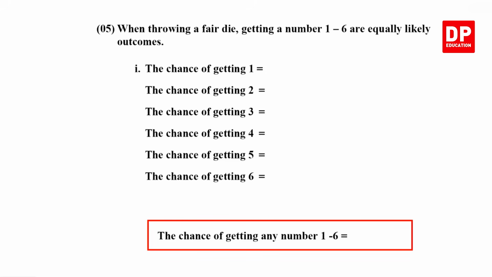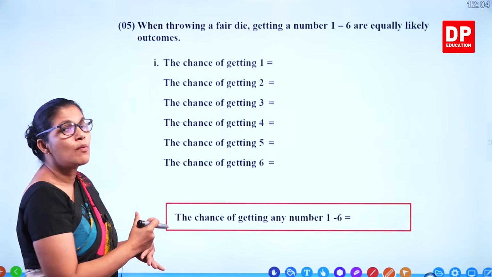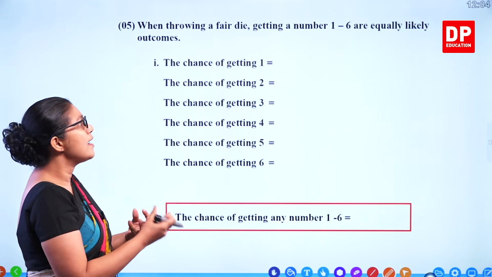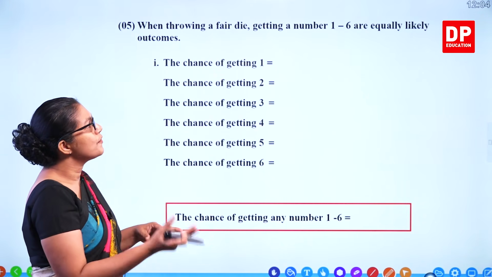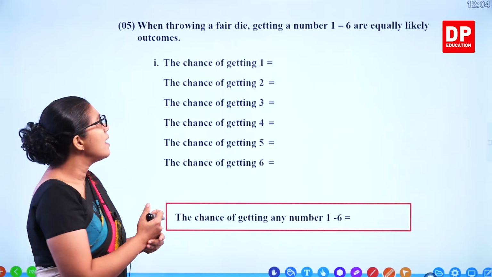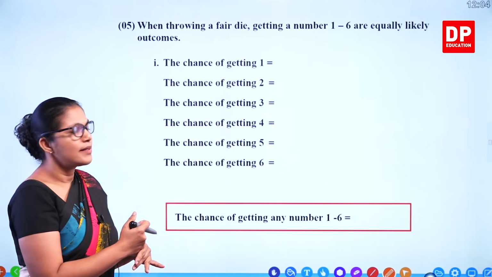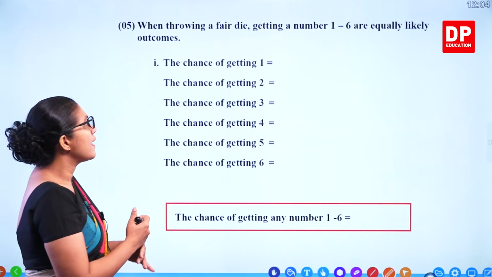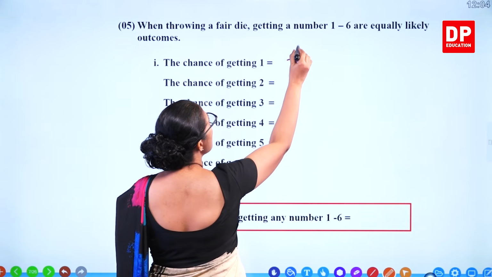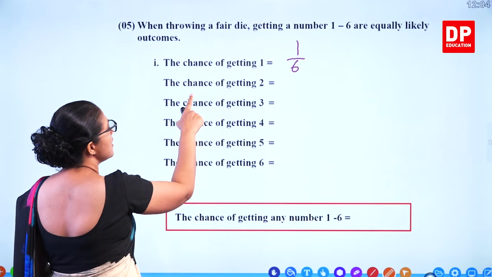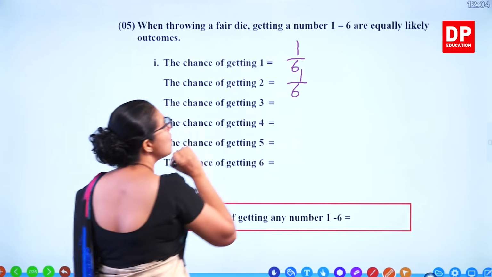When throwing a fair die, getting numbers 1 to 6 are equally likely. If it's a fair die, all sides are equal and the chance of getting 1 or 3 or 6 are all equally likely outcomes. What's the likelihood of getting 1? Out of 6 sides, you have 1 chance. The chance of getting 2, out of 6, you have 1 chance.